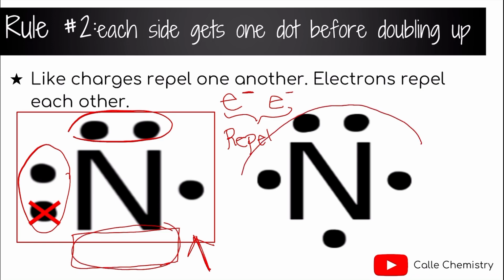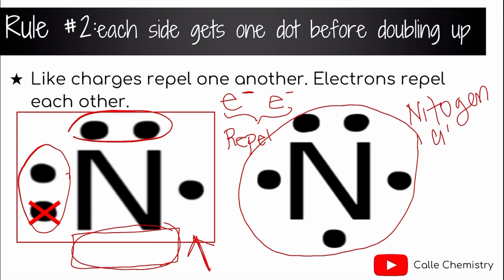So this Lewis dot diagram of nitrogen atom is correct. All four sides are used, and only one side is doubled up because we have no other choice than to double up on that fifth valence electron.